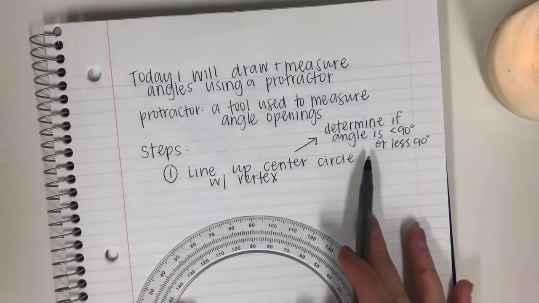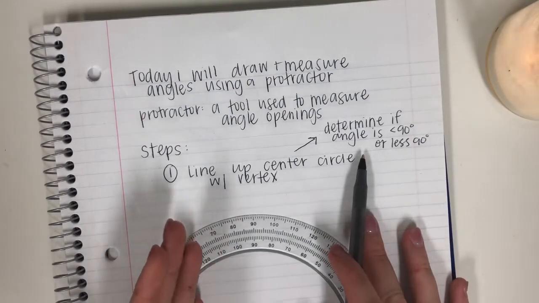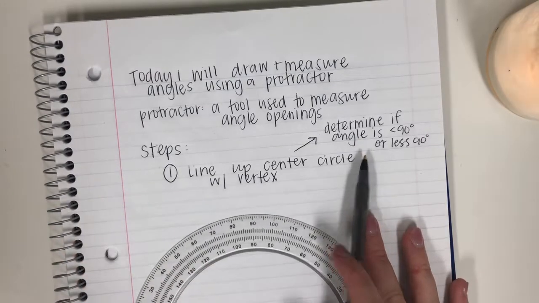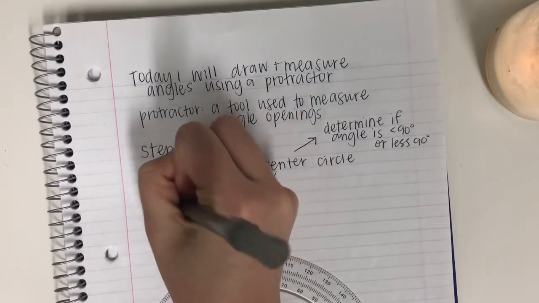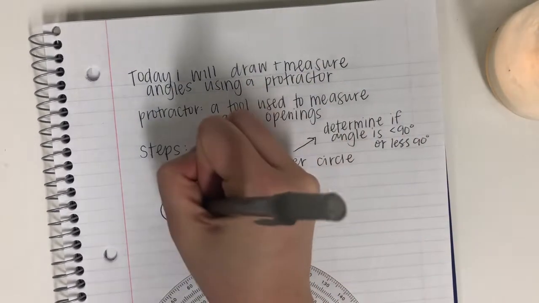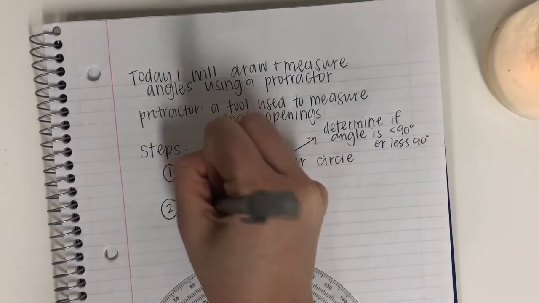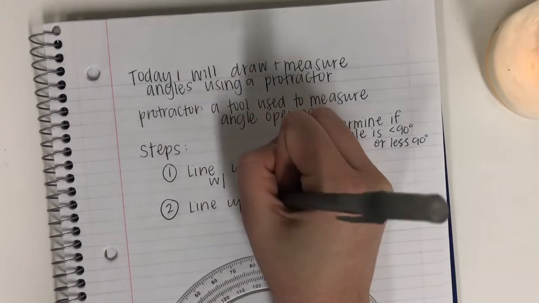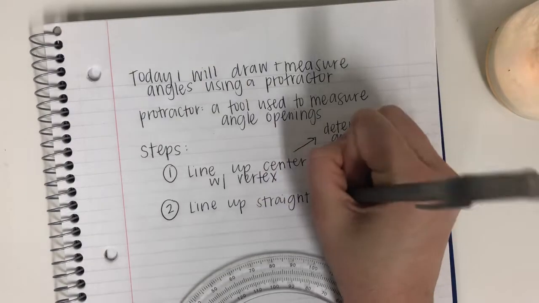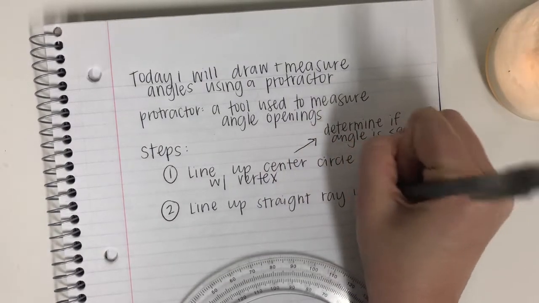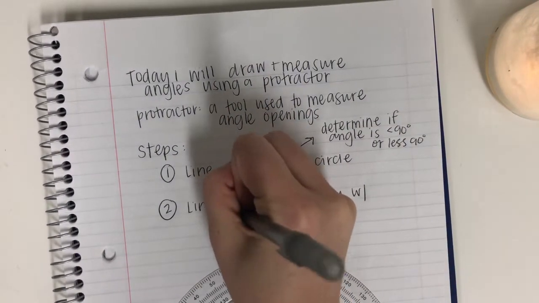Once you do that, you'll determine, okay, is it greater than my 90? Is it an obtuse angle or is it an acute angle? Then you'll line up your vertex. Then step 2, you'll line up your straight ray, which is your bottom ray line, with 0.